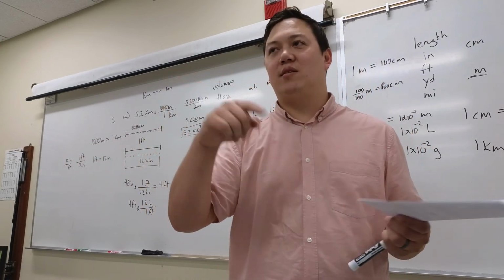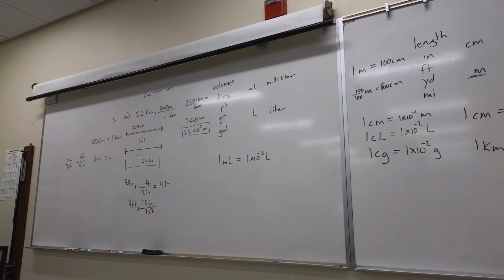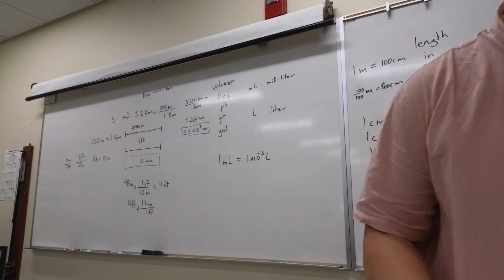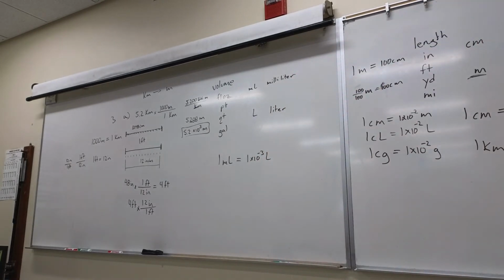So S is seconds. MIN is minutes. H is hours, or HR. This is one that changes depending on where you look.